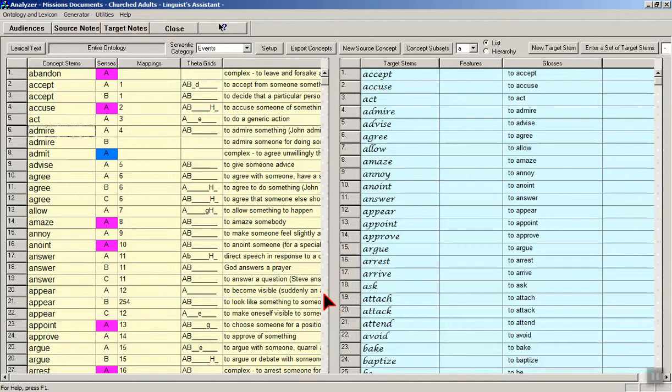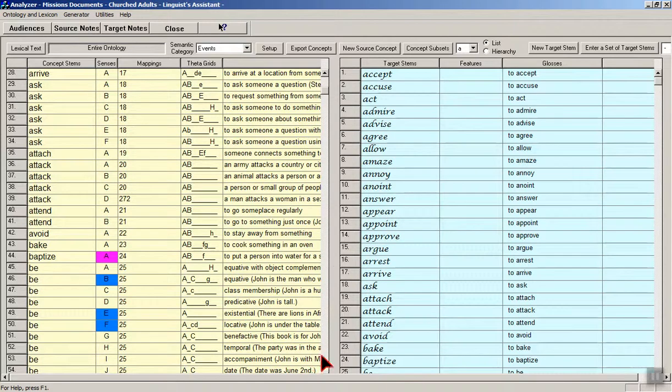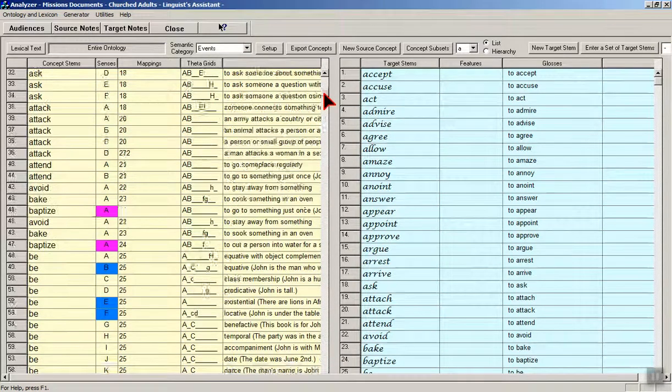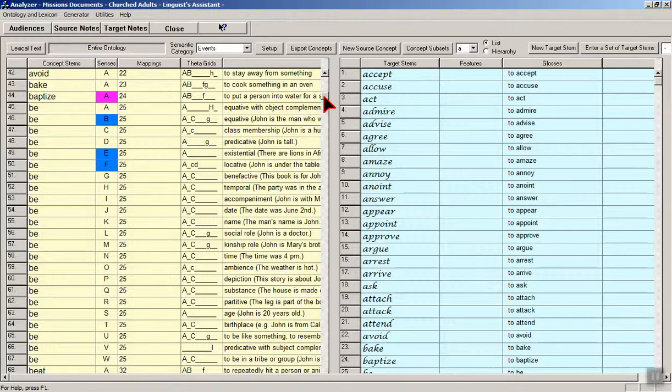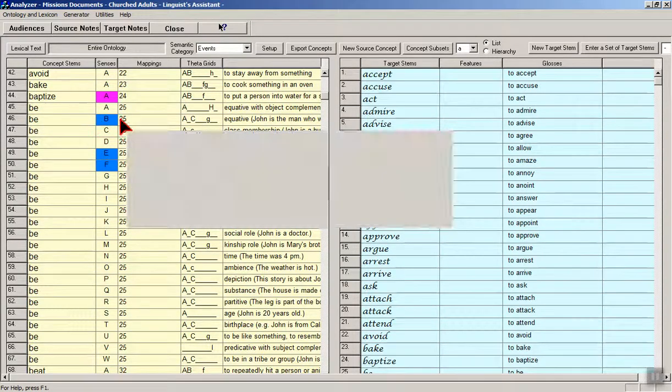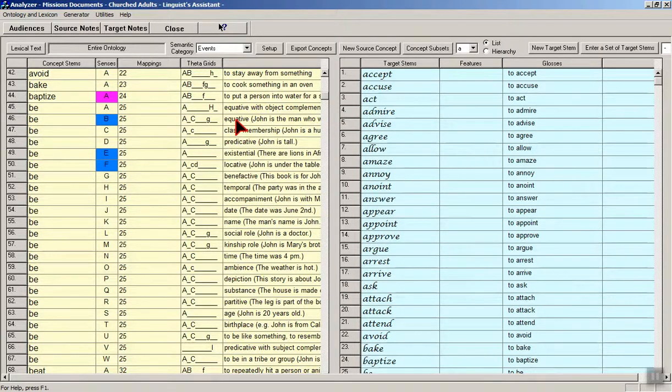I'd like to show you a source concept that has a lot of different senses. There's no other word in our ontology that has more senses than the verb to be. So you can see a lot of these. So the second one, if you look over in the fifth column, that gives you this description, or in linguistics we say the gloss, says equative.